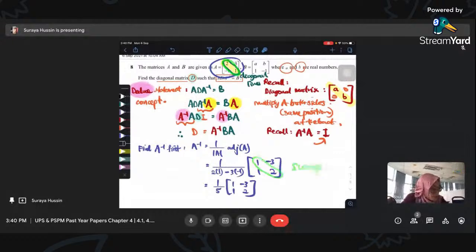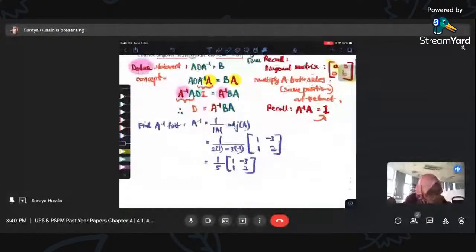Okay, means ditukar lah. Sini pula 1, sini pula 2. And here is where it becomes negative. Daripada 3 dia jadi negatif 3. Daripada negatif 1 dia jadi 1. Okay, you should know that by now.